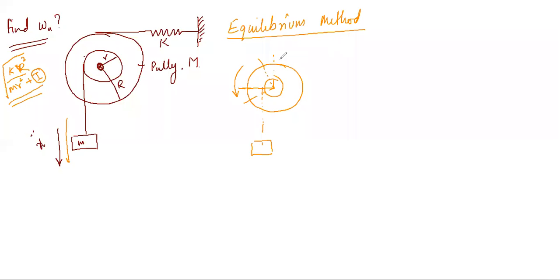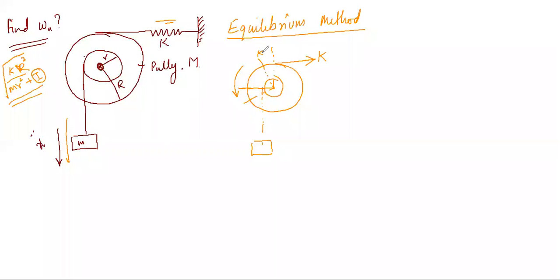If it is in a stretched condition, this spring is going to stretch, right? When the mass is going downward, the force is acting opposite to this one. That force value is k times this much distance, right?